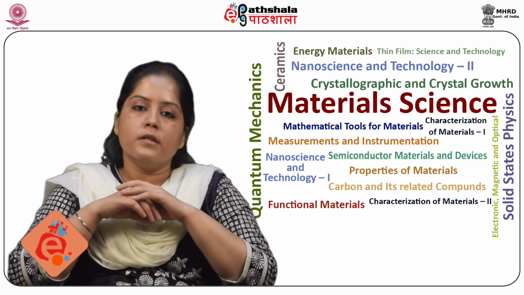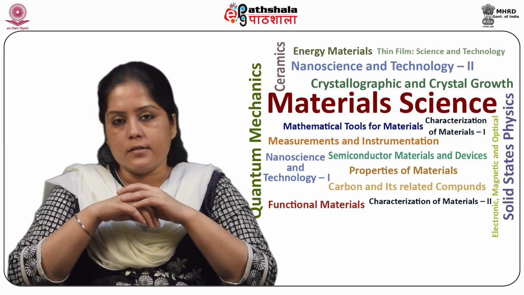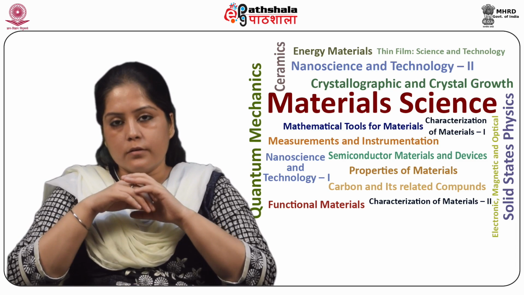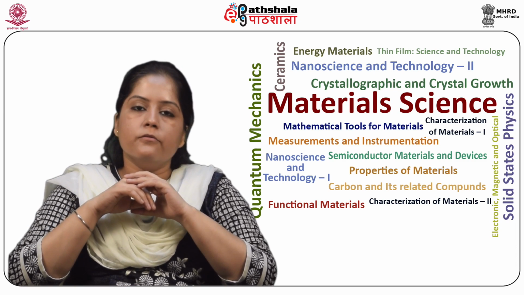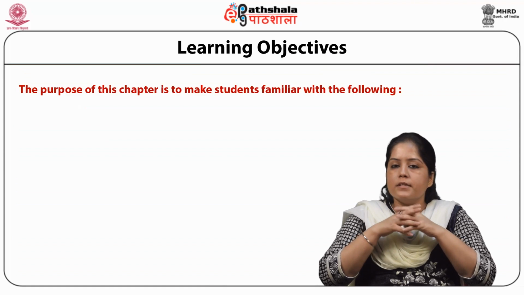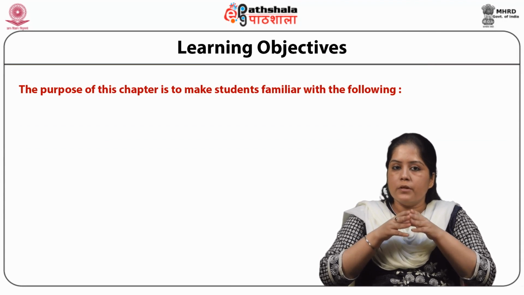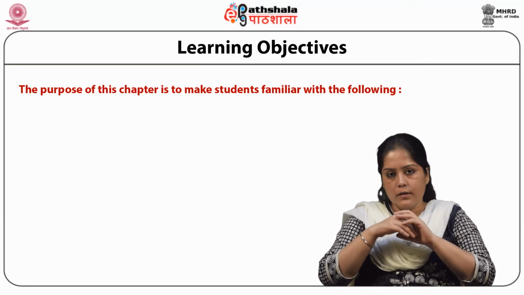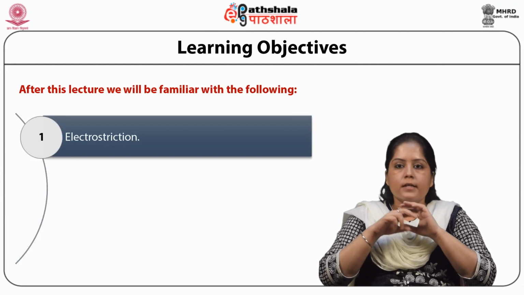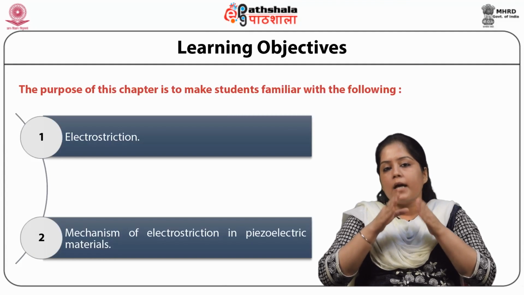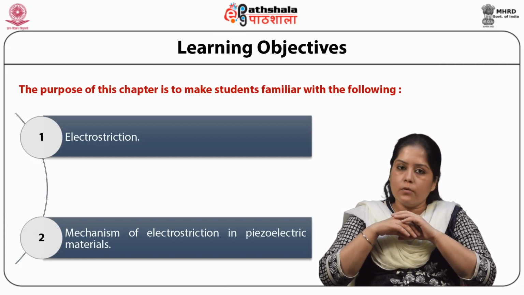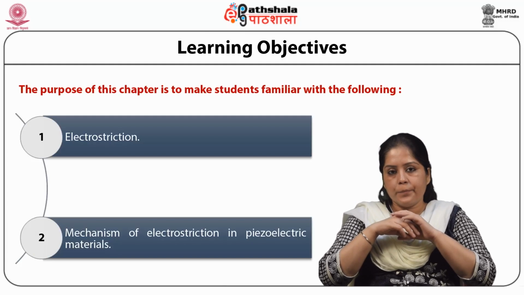So students, today we are going to discuss the module Electrostriction from the paper Functional Materials. After this lecture, we will be familiar with the following. First, electrostriction. Second, the mechanism of electrostriction in piezoelectric materials.